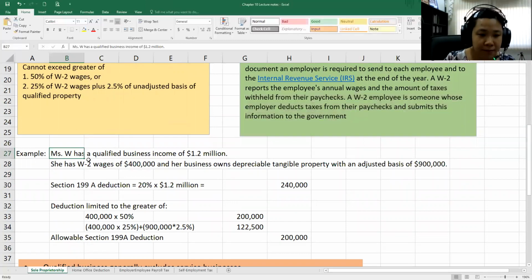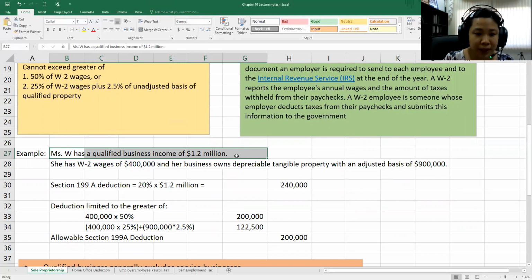Suppose that Miss W has a qualified business income of 1.2 million.